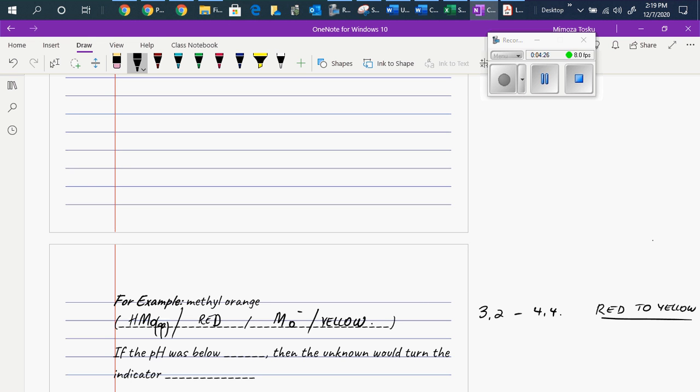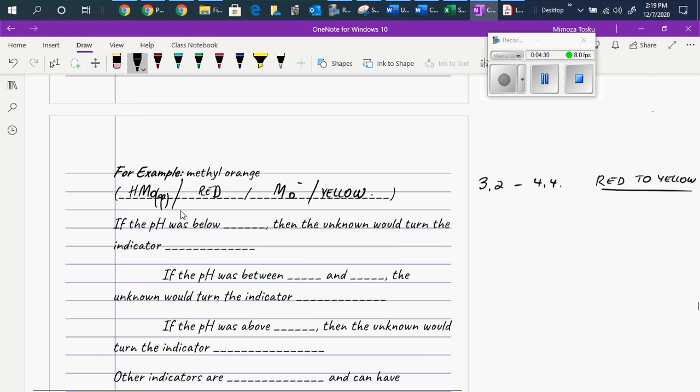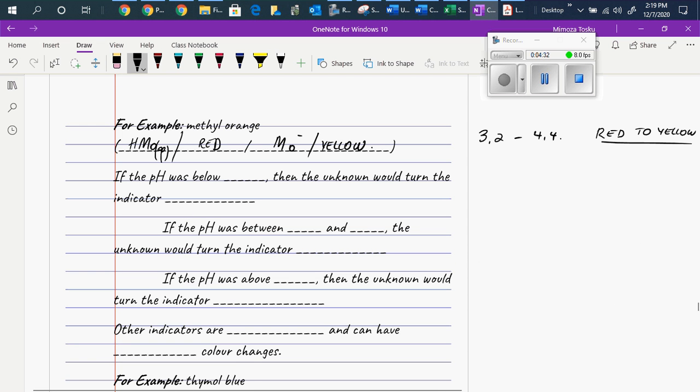Okay, so if the pH of a substance is below 3.2, then the unknown solution will turn red when we put in this methyl orange.